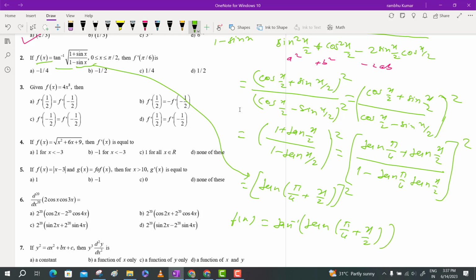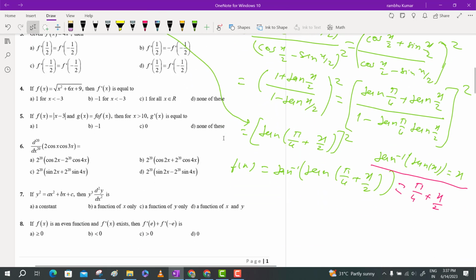And now you know, as per the formula, tan inverse of tan x is equal to x, correct? So according to this formula, this is equal to pi by 4 plus x by 2. So now the function we have is f of x equal to pi by 4 plus x by 2, so f dash x is equal to 1 by 2.